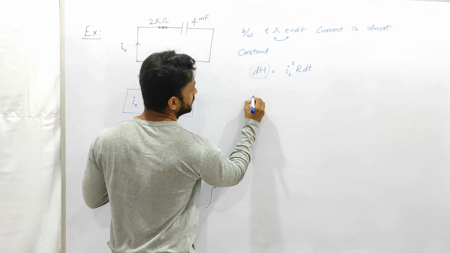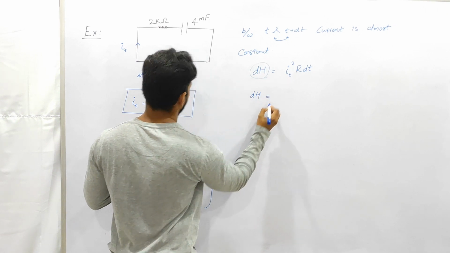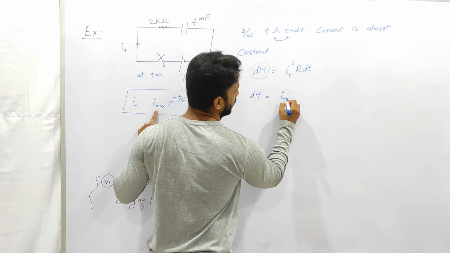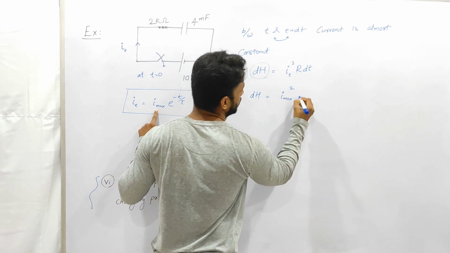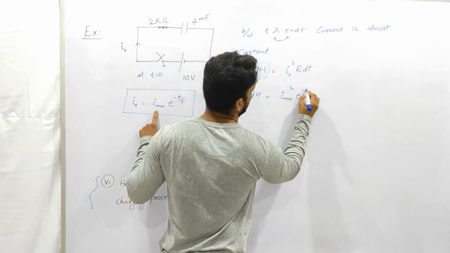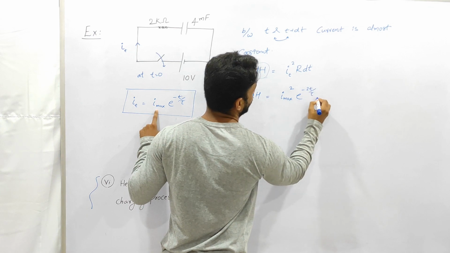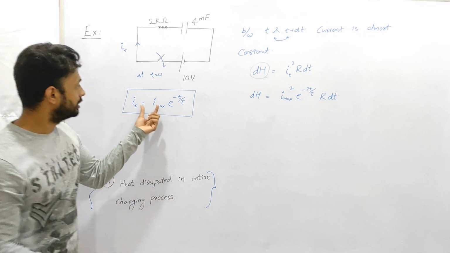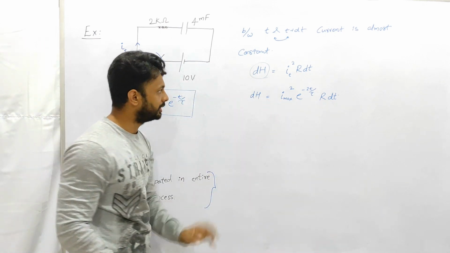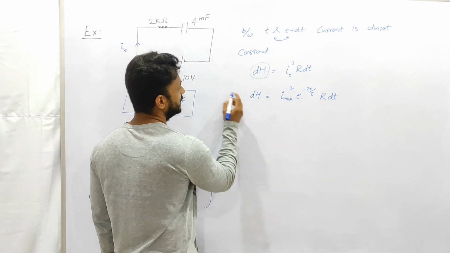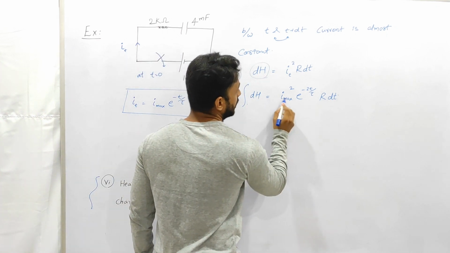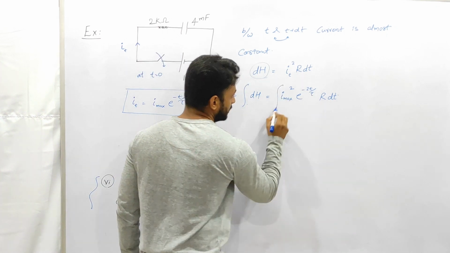So we know I at any time t. So how much is it? I max square into e power minus 2t by tau into R dt. Just I square substituted here. Then to get the overall heat dissipated, what are we supposed to do? Integrate it.